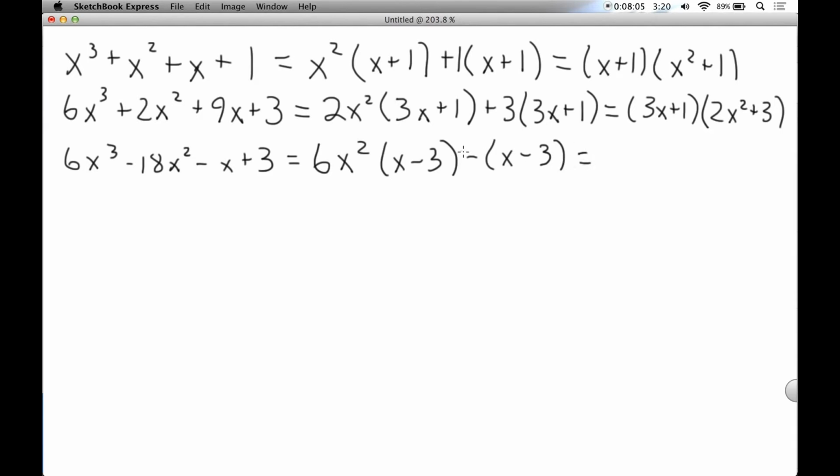And so this is going to be x minus 3 times 6x squared minus, you could put a 1 here if it makes it more clear. The coefficient, if you don't see it, remember, is just 1. So this is just going to be 6x squared minus 1 times x minus 3.